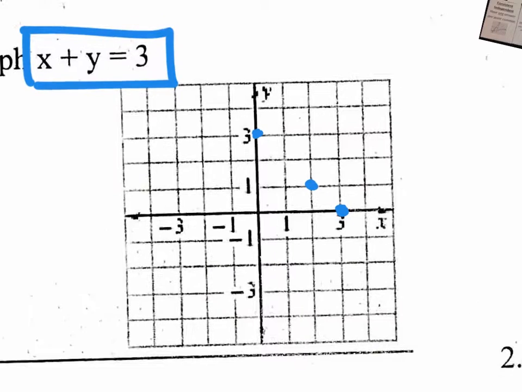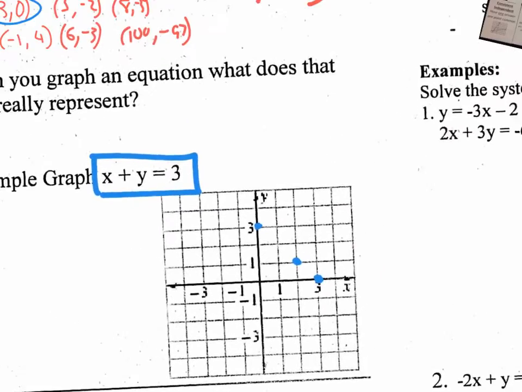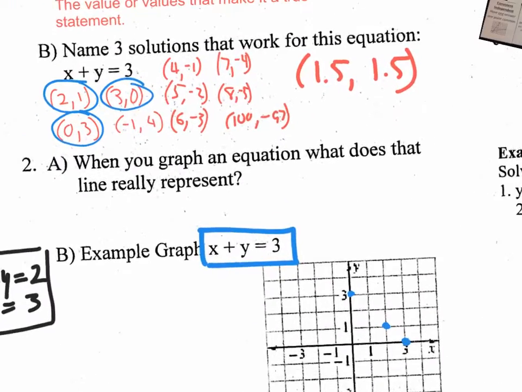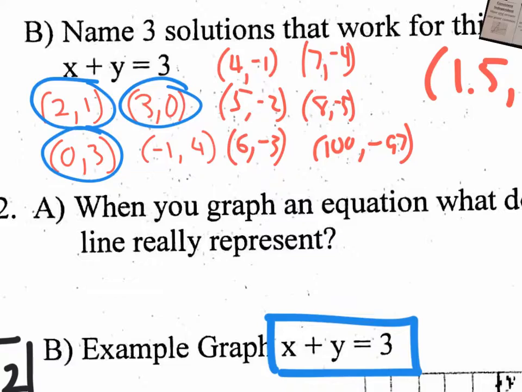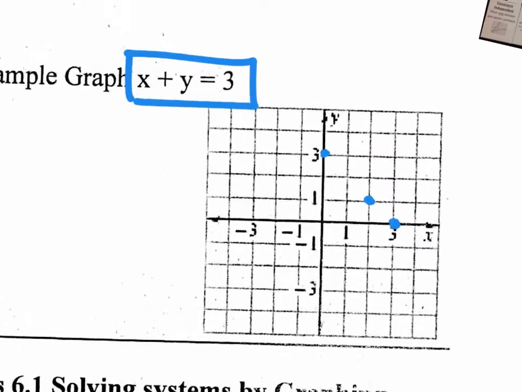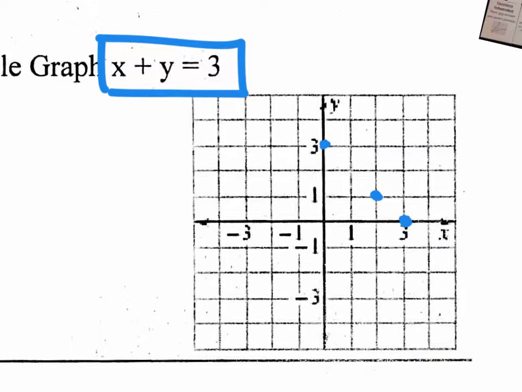Now, what if I kept going with the other coordinates that are up here? The other ones are like (-1, 4), (4, -1). So let's do that. -1 and 4. -1 on the x and 4 on the y. It still lines up. How about 4 and -1? 4 on the x, -1 on the y. It still lines up. So you guys get the idea?